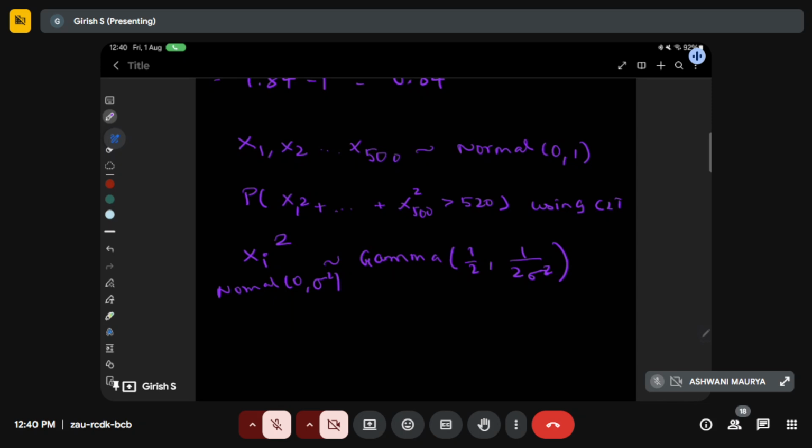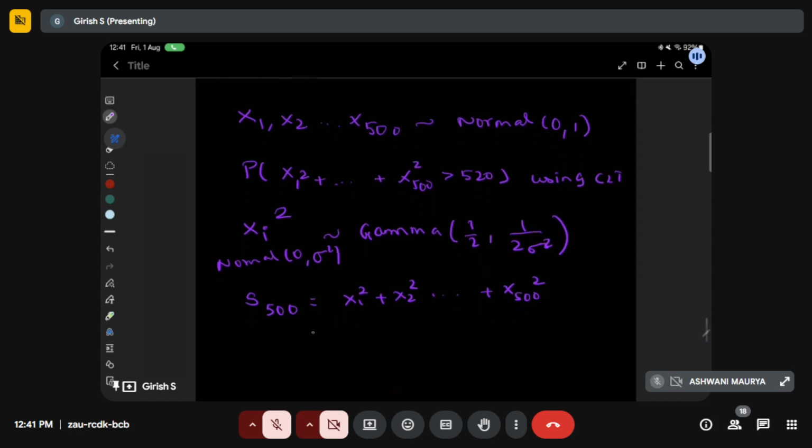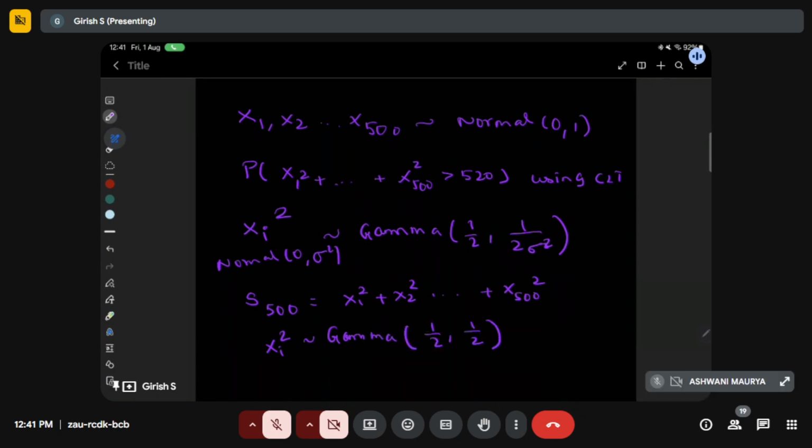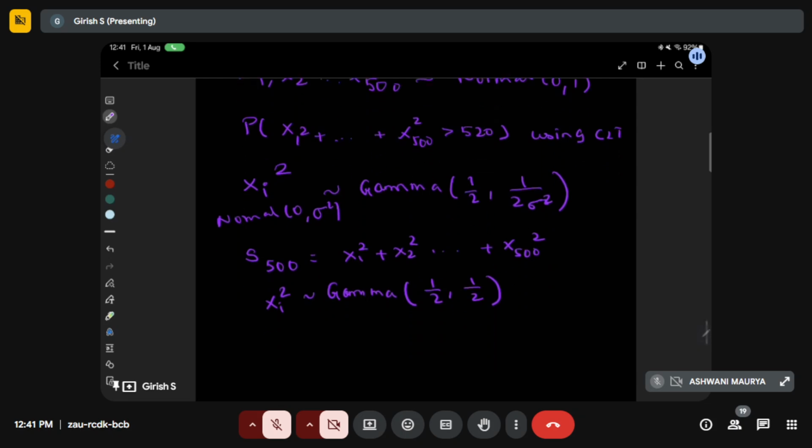So in this case, we have to define S500. S500 is nothing but x1 square plus x2 square till x500 square, and each xi square follows gamma distribution 1 by 2 comma 1 by 2 because sigma square is 1 here. You are getting this point?